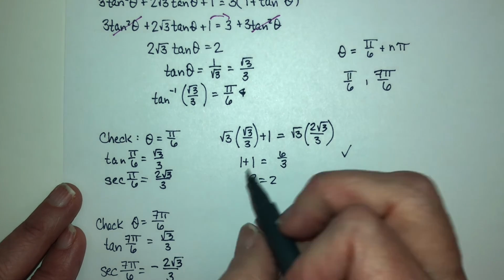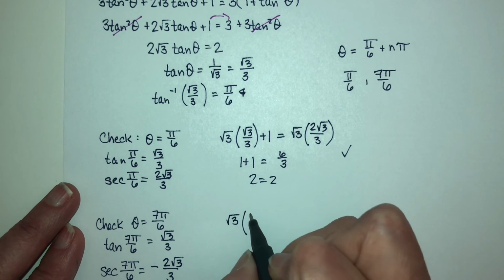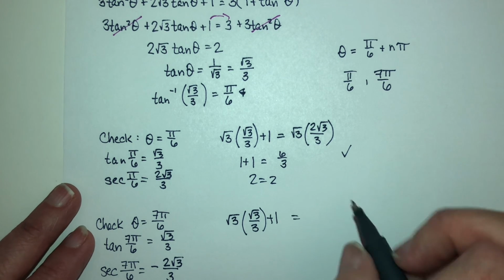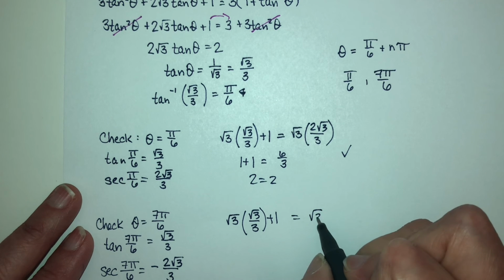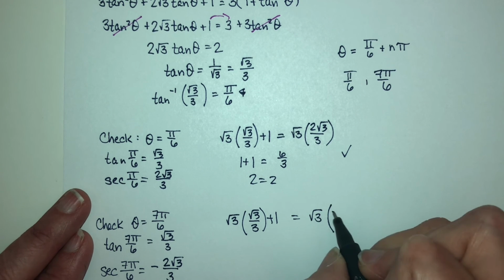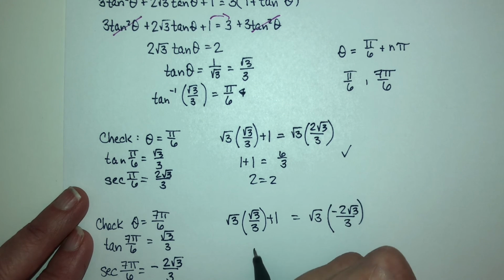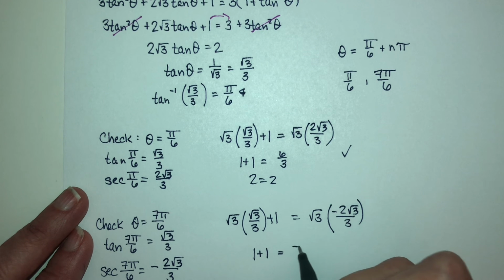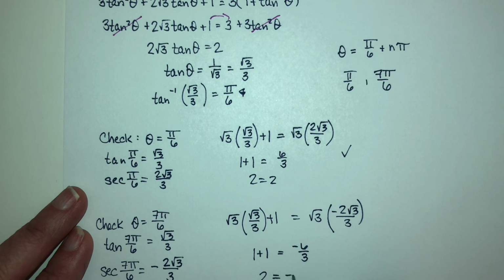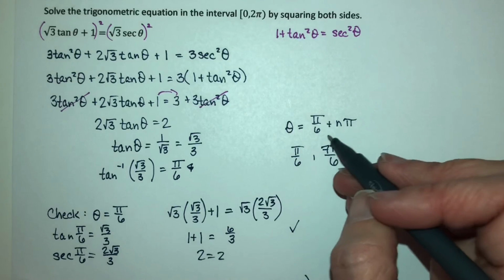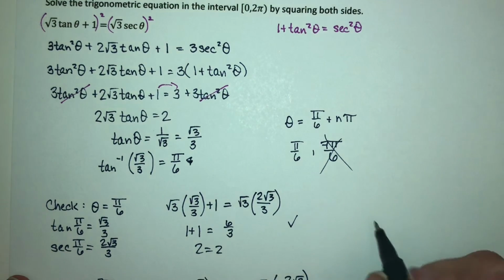And if I go and plug that in, I have square root 3 times square root 3 over 3 plus 1 is equal to the square root of 3 times negative 2 square root 3 over 3. And here we end up with 1 plus 1 is equal to negative 6 over 3. And we get 2 is equal to negative 2, which is not true. It's false. So this was an extraneous solution. Our only answer here is pi over 6.